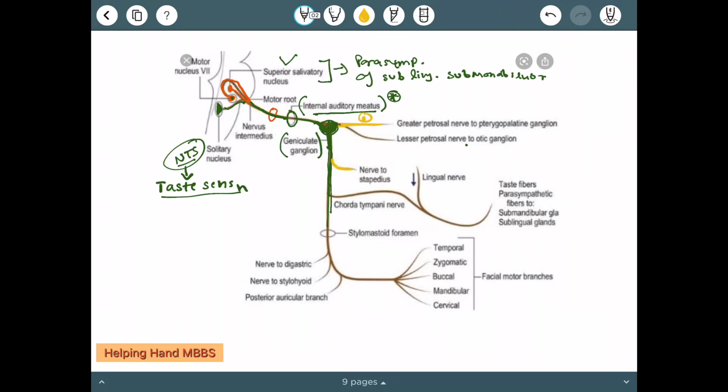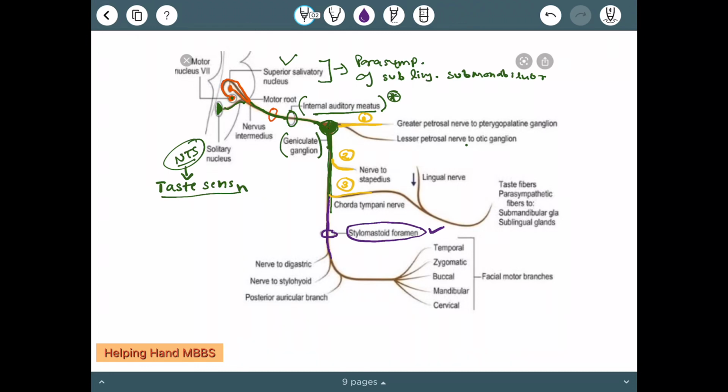Nerve to stapedius is our second branch, and the chorda tympani is our third branch. So it gives three branches in the posterior wall of middle ear, and then it continues further in the posterior wall and exits the skull from the stylomastoid foramen. It exits the skull by stylomastoid foramen and comes on the face.